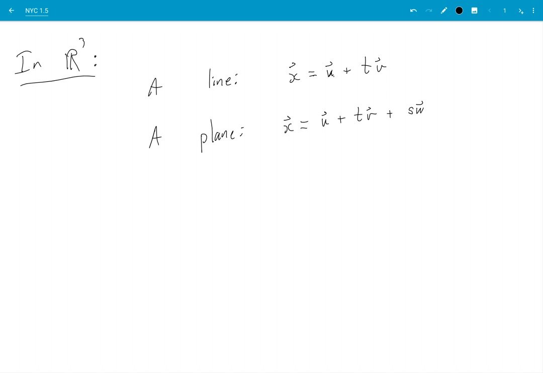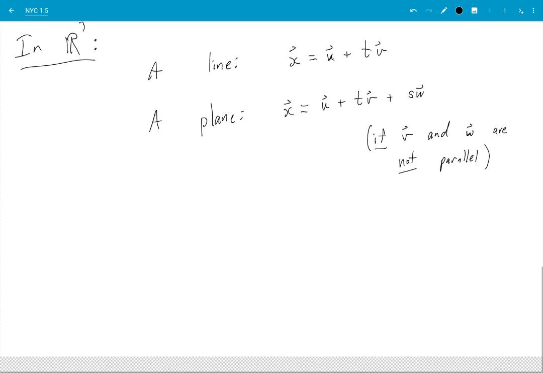We have to be careful if v and w are not parallel. That's one stipulation for the plane.